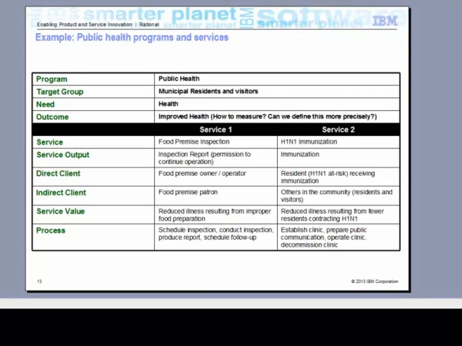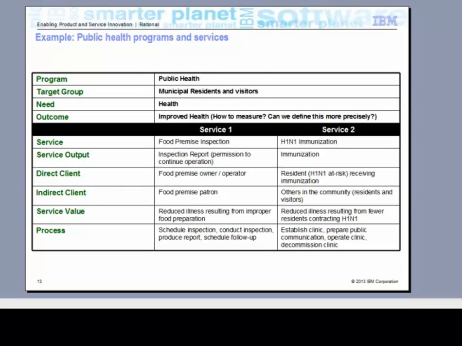As an example, public health is a program that's intended to deliver improved health as an outcome experienced by both municipal residents and visitors. An outcome is defined as a change in level of need experienced by some target group. So part of the planning process is to determine how we might measure an outcome and precisely what targets we wish to obtain.